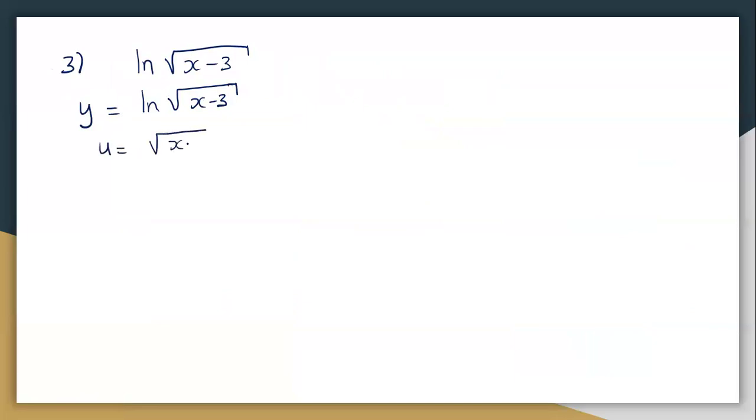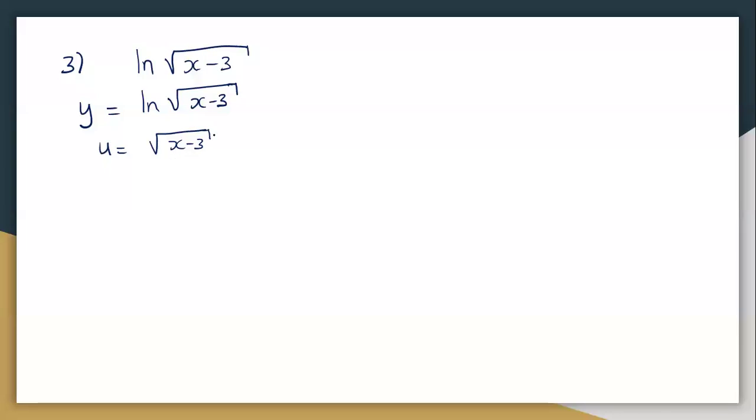We can try out another one, number 3, and we have ln of root of x minus 3. So still here we shall say let our y equal ln of root of x minus 3. It means that when we are differentiating, we shall say let our u equal root of x minus 3.